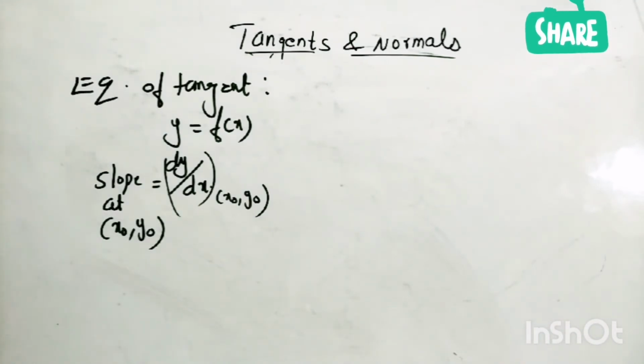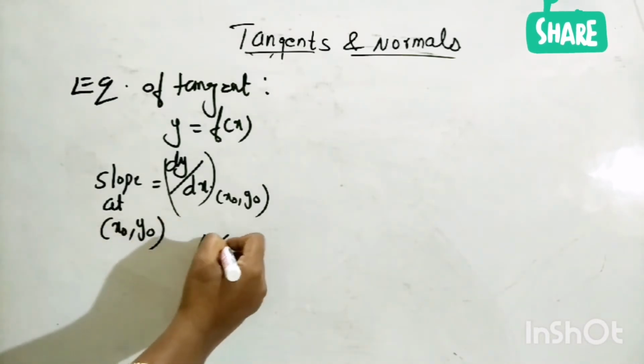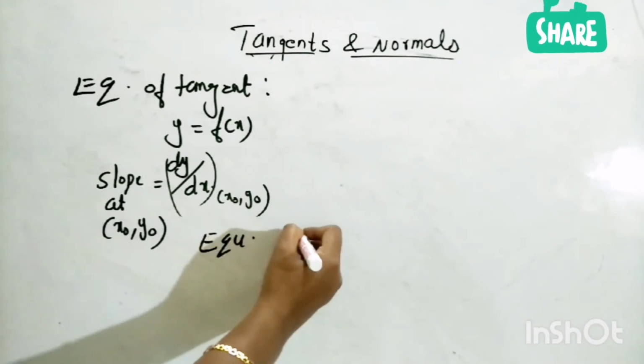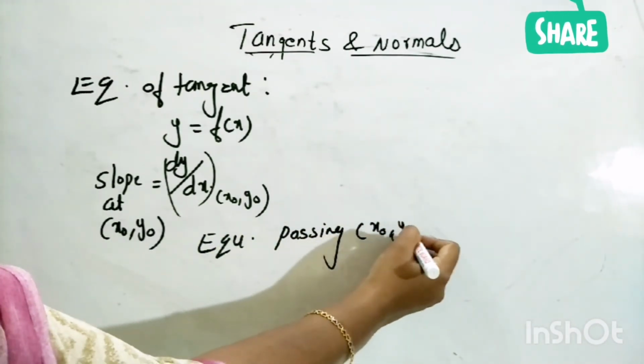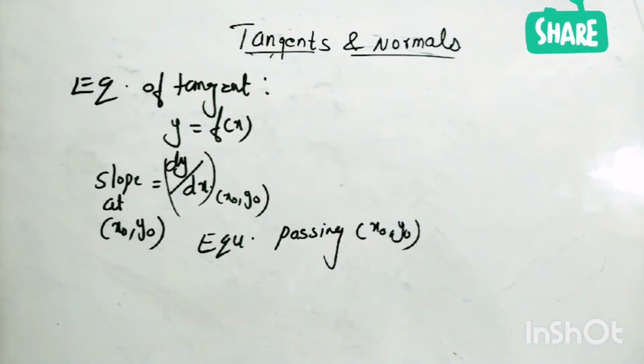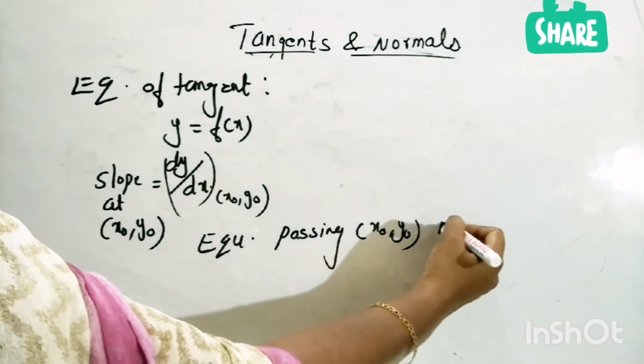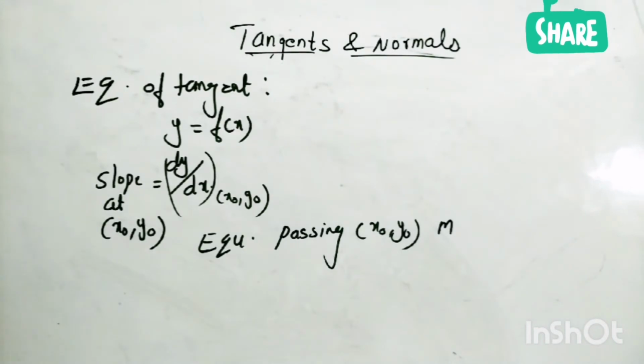Now, actually, we know the equation of a straight line passing through a given point x naught comma y naught, having finite slope m. This we already discussed in our 11th standard.